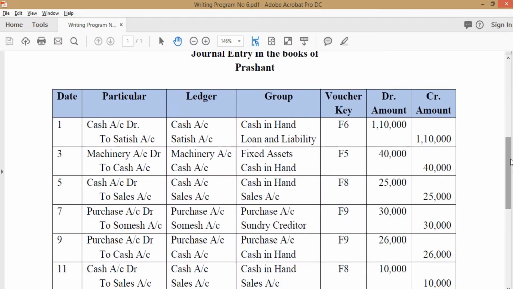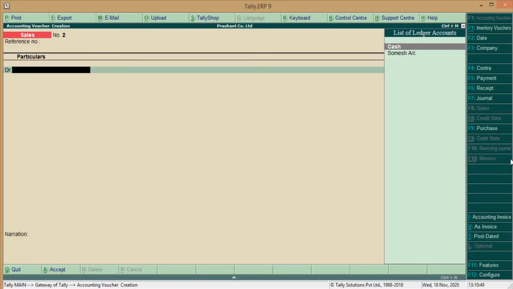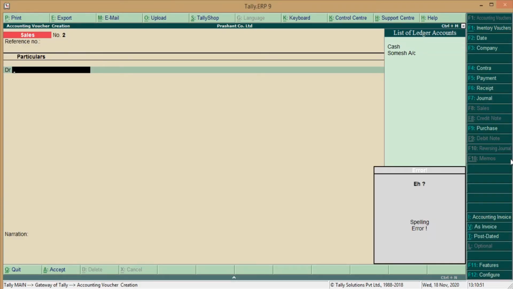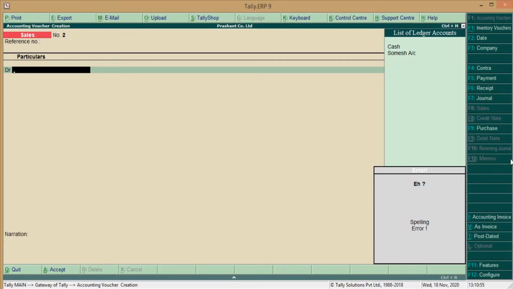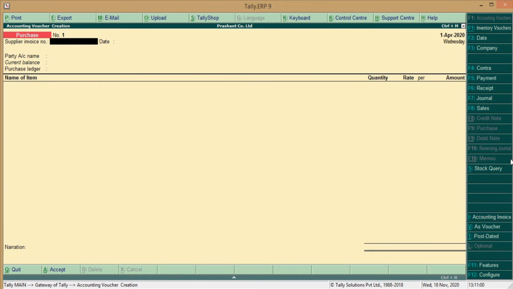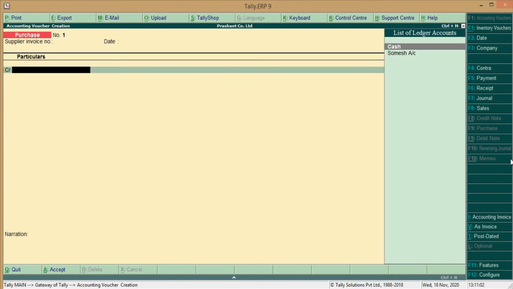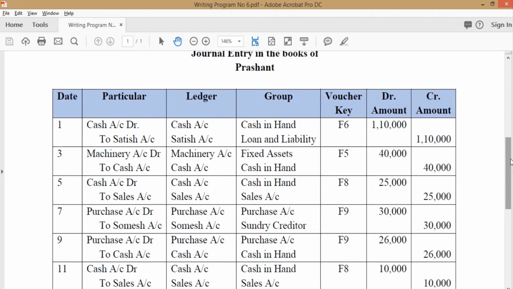So purchase account debit, purchase. So press F9, Control V, credited. Who should be credited? Somesh should be credited.